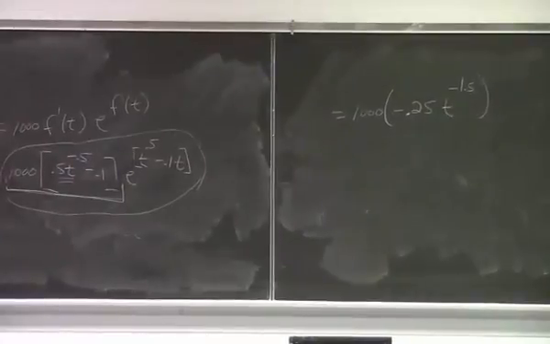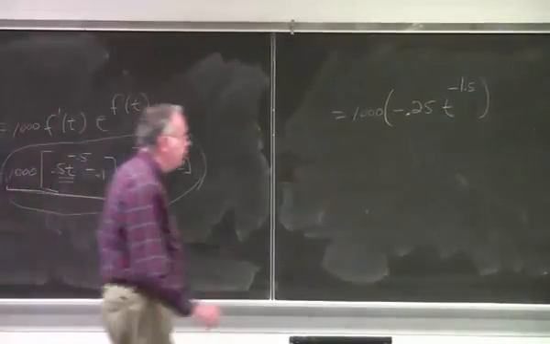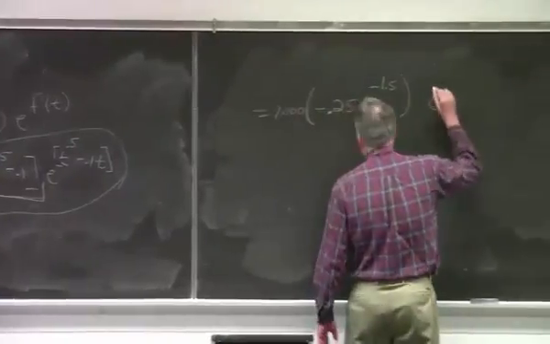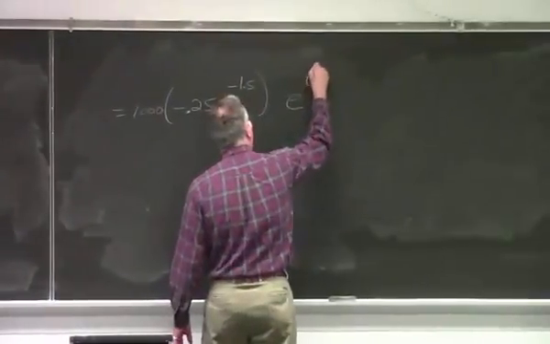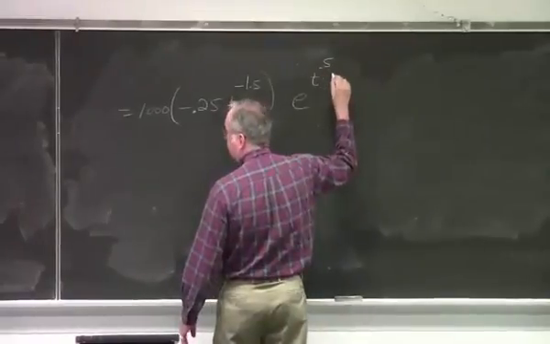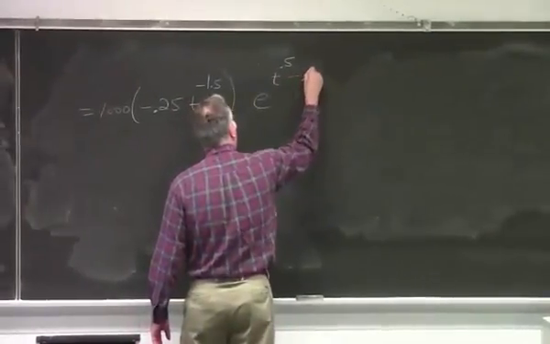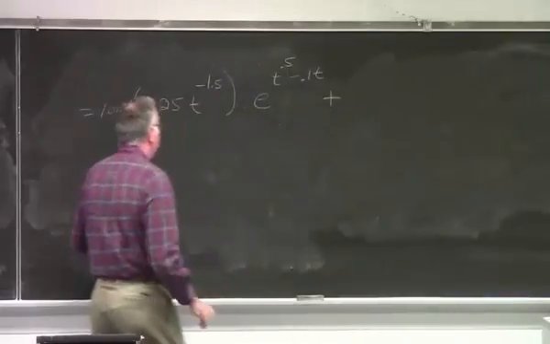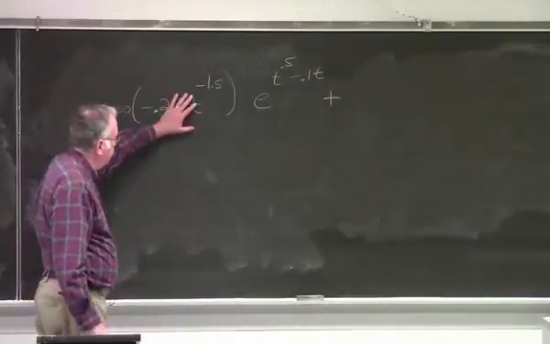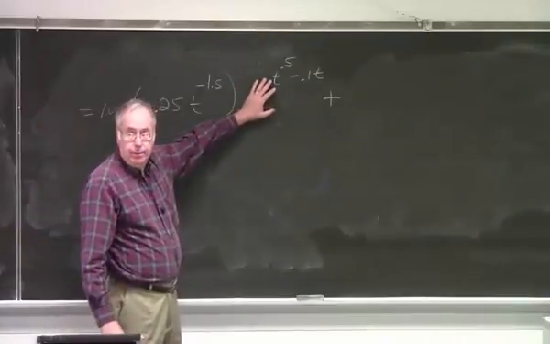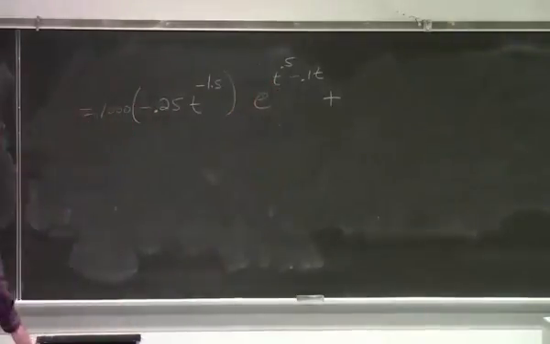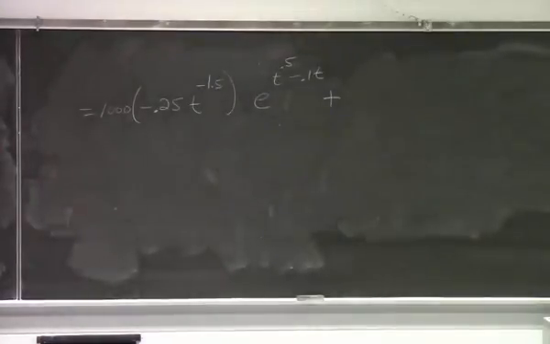Now we've got to multiply that times the second term, and the second term is just this, e to the t to the 0.5 minus 0.1 t. So what we've done is the derivative of the first term times the second term, plus the derivative of the second term with respect to t. Think of this exponent as just being f of t.